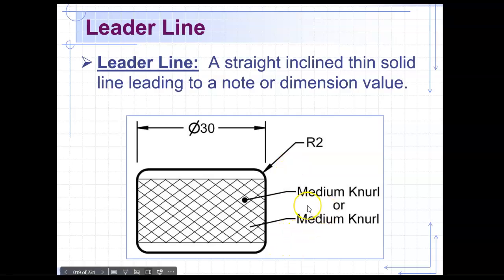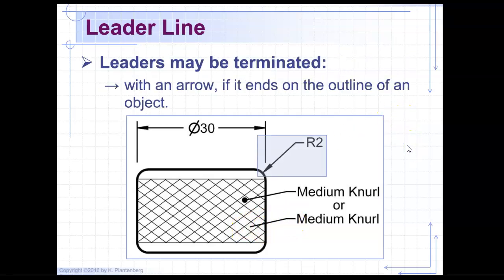Now, a couple other types of leader lines are where they would have a dot on the end. Again, it's still going to come up at an angle and then go to a horizontal line that has the note attached to it. And here, there are certain rules. Sometimes you might see it just touching the feature that they're trying to call out and bring attention to.